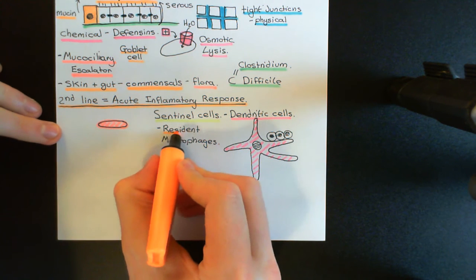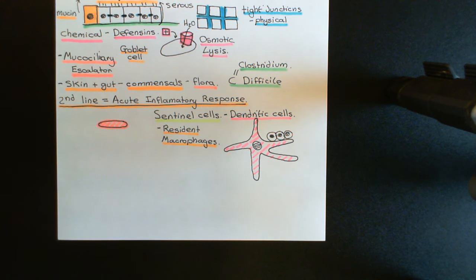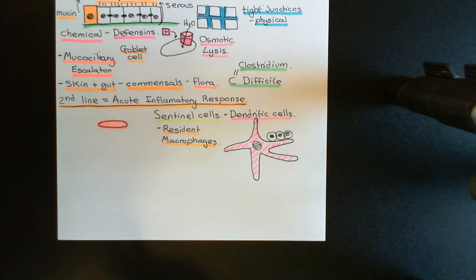So all over the body, just like dendritic cells, you have resident macrophages dotted around tissues, and again, these are on the lookout for the presence of pathogens, and if they find them, they're going to set off the acute inflammatory response. And indeed, as part of the acute inflammatory response, we're going to bring in loads more macrophages, which are going to be one of the major troops that will help destroy the pathogen.